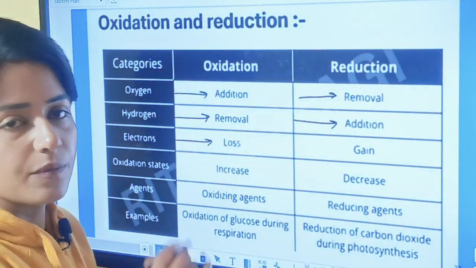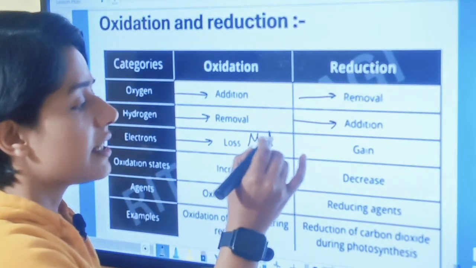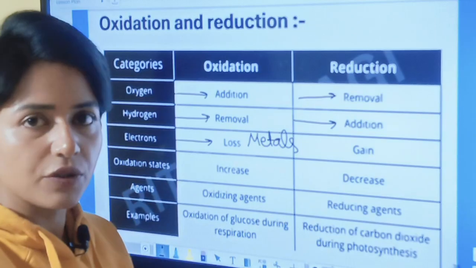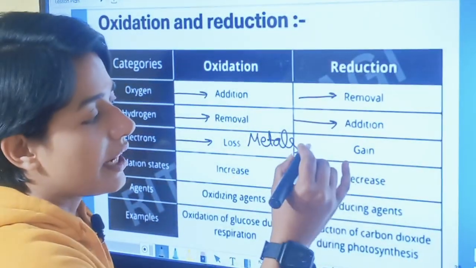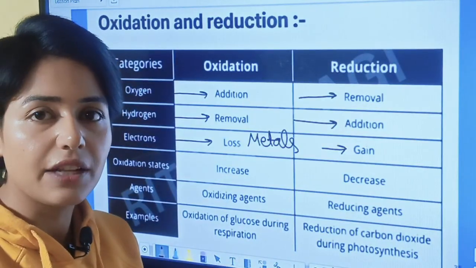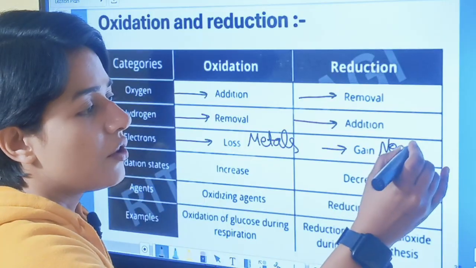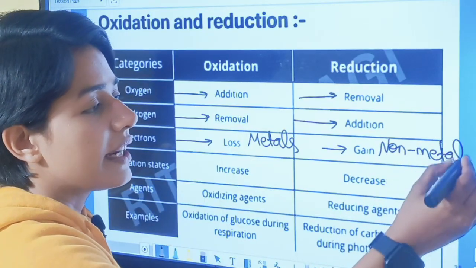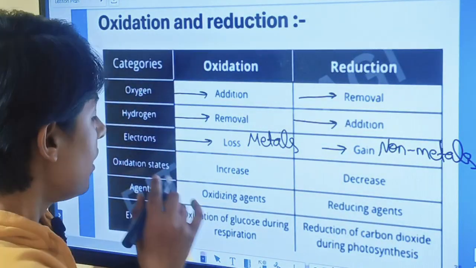Next is electrons. When electrons are lost, that is metals. All the metals easily lose their electrons and get a positive charge, so they are oxidized. Next, gaining of electrons. When an element gains electrons and bears a negative charge, it is reduction. Most of the non-metals get electrons and become negatively charged, so they are reduced.